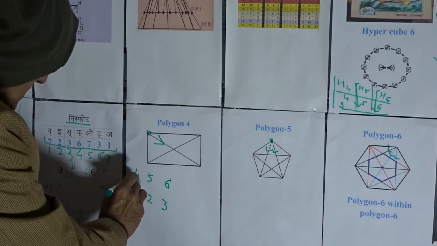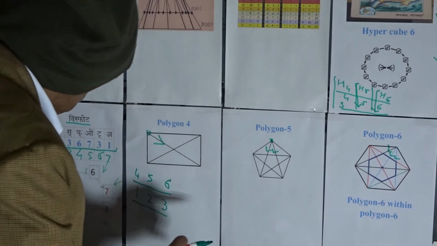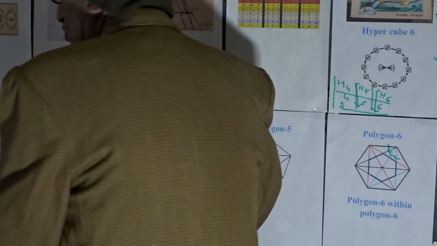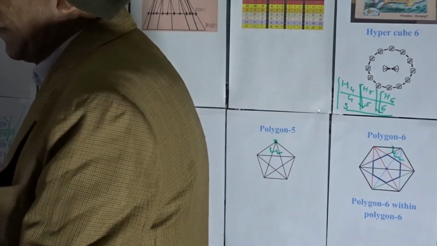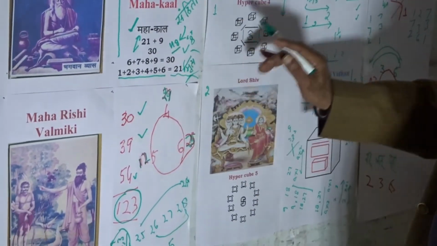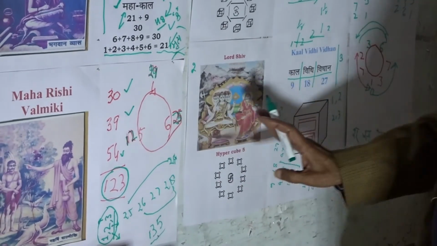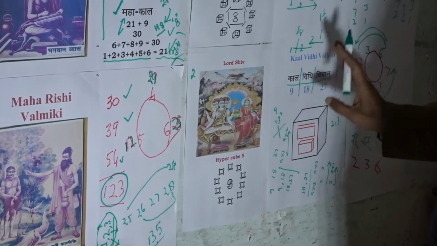This feature, as value 123, will take us to the value of 30 of Maha Kaal, 39 of Kram Samapti, and 54 of Kaal Vidhi Vidhan.